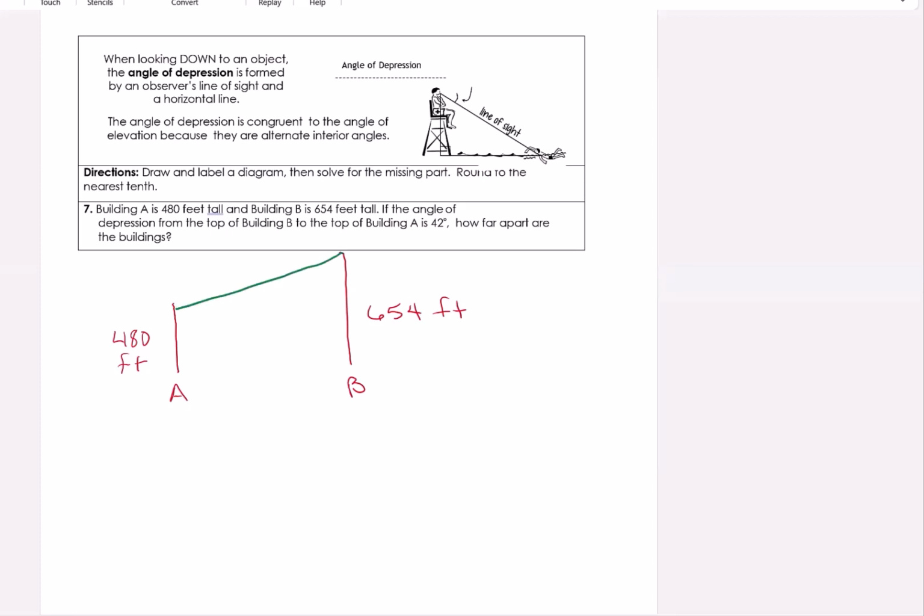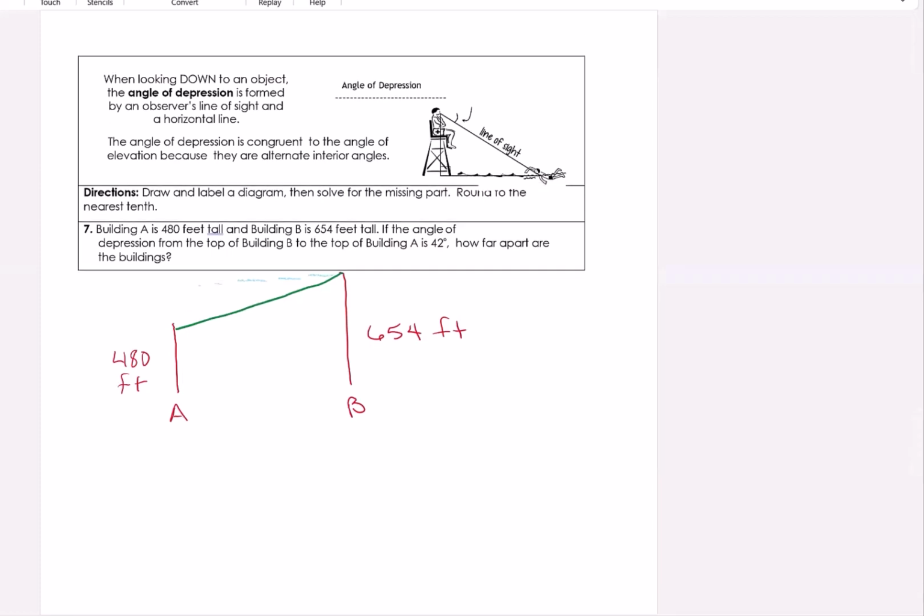Remember, angle of depression is this angle right here. I can then make my triangle. If this is 42 degrees, what else is 42 degrees? Hopefully you said this. That angle is 42 degrees.